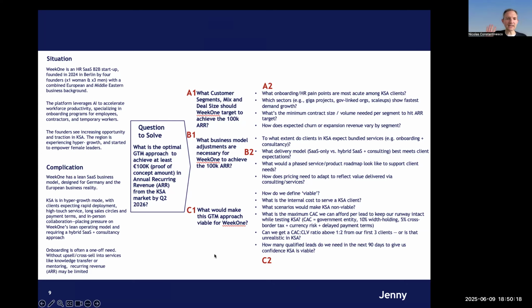By and large, the stuff in C1 and C2 is about profitability, long-term viability and all this kind of stuff, which technically is outside the scope of the question, which is simply saying, how do we just get to this first threshold? So there's a disconnect there. If that connection needs to be made, it's probably in the situation and the complication, but as it is, it's a disconnect.